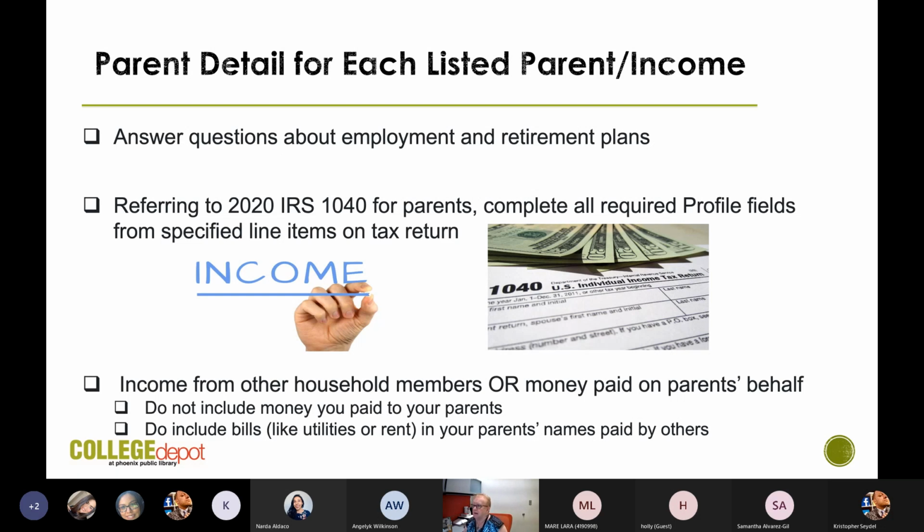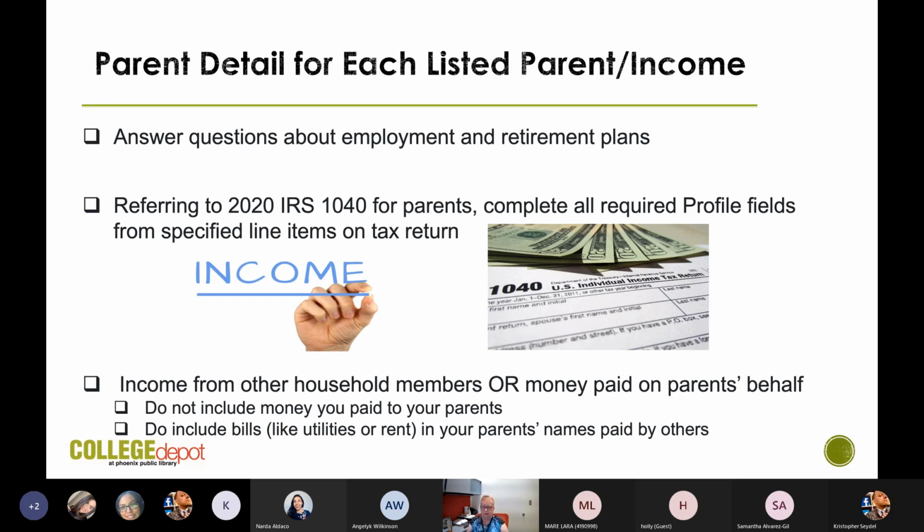It looks a lot like the FAFSA, except you cannot get information directly from the IRS here. So you must enter this information manually from the federal tax return. If your parents have filed a federal 1040, you should have that in front of you. If you do not, you will not be able to complete this section.